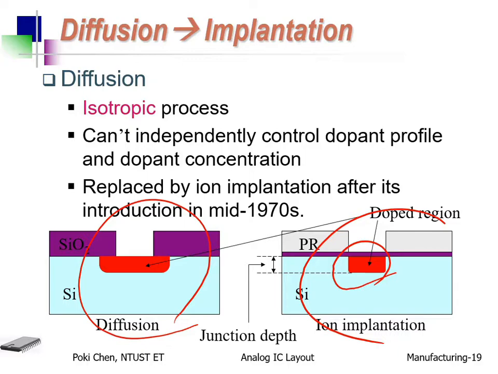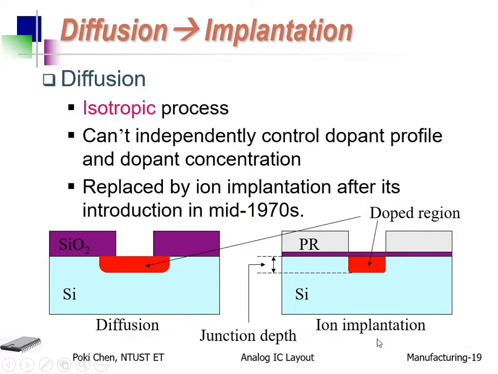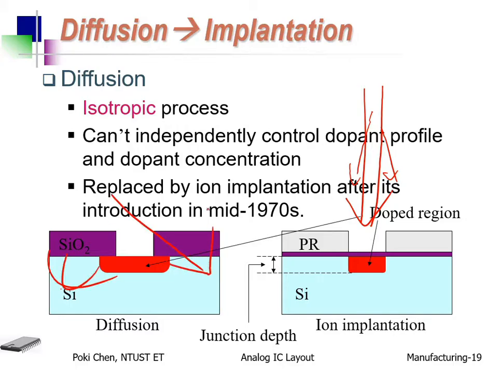But I still need to warn you. Even after focusing, you cannot expect all the ions to hit the lattice in the same direction. No. Some of them are still defocused, but much better than with diffusion. So don't expect to have no side diffusion.